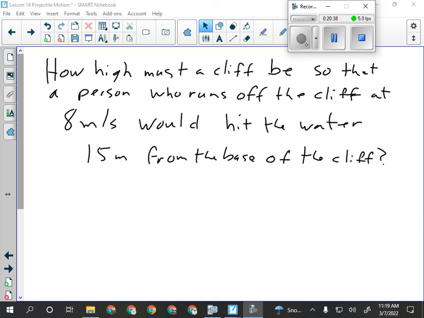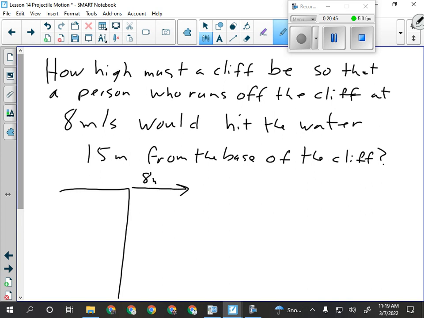All right, so on this one, we've got a horizontally projected projectile. The person is running off at 8 meters per second, and we're looking for the height of the cliff. So we're looking for the vertical displacement. We know the initial vertical velocity is 0 meters per second.